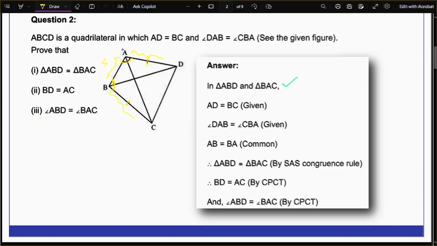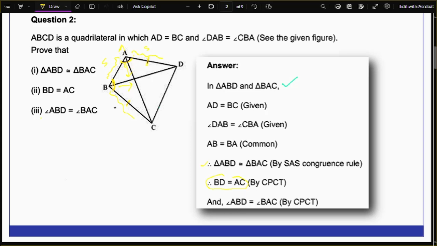So by side-angle-side congruency, these two triangles are congruent. Hence, by corresponding parts of congruent triangles, BD equals AC, because BD is the side facing this angle and AC is the side facing this angle. So these two sides are also the same.